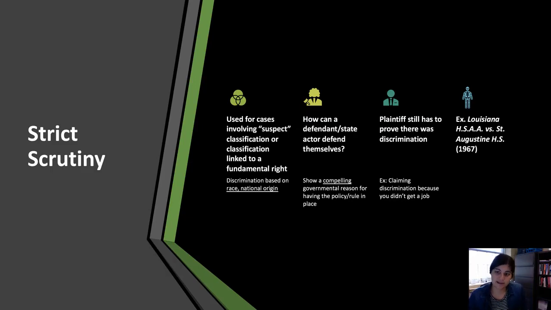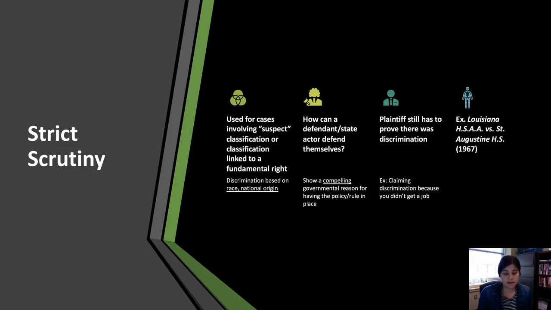I'll give you an example case here, and your textbook talks about this case as well. The Louisiana High School Athletic Association case. This one goes back quite a few years, but is still relevant today. Basically, you had St. Augustine High School, which was an all-black school. They wanted to join the Louisiana High School Athletic Association, so become competing members so they could compete in championship events.